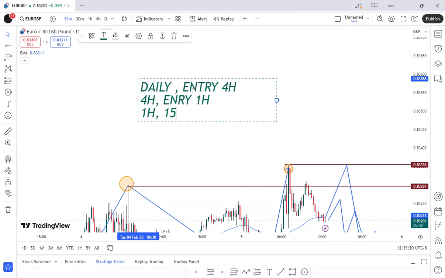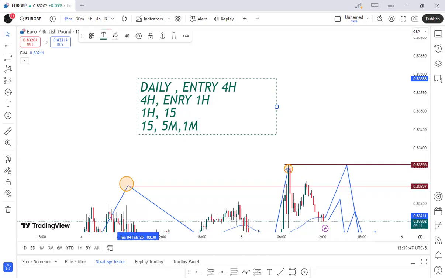And for the scalpers, if you're analyzing with the 15 minutes time frame, your entry should be 5 minutes or 1 minute. This is the best time frame to trade this strategy profitably.